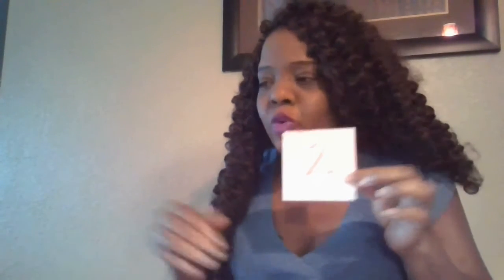So 2 plus how many equals 10? And she also uses her fingers a lot. So 2, you're right. 2 plus 8 is 10. So if you have the number pairs 8 and 2, it makes 10.